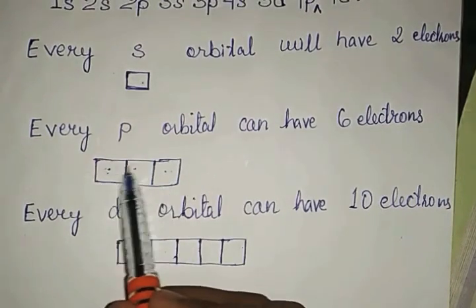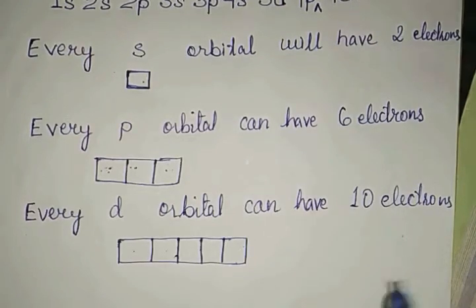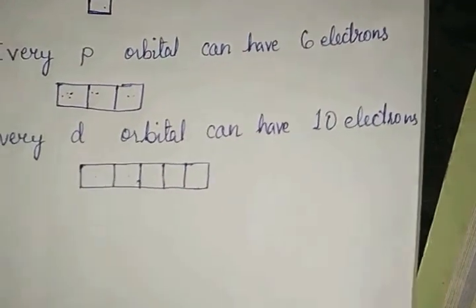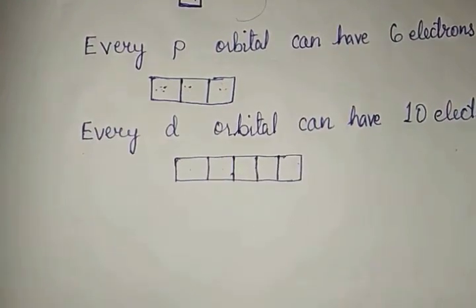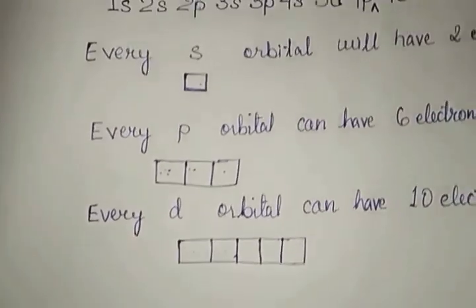Only 2 electrons can be present in one square box. That is Pauli's exclusion principle. I'll be giving you the notes, you'll be knowing it from there. Next is Hund's rule of maximum multiplicity. We'll be knowing about that, but first of all, let's try to write down the electronic configuration.